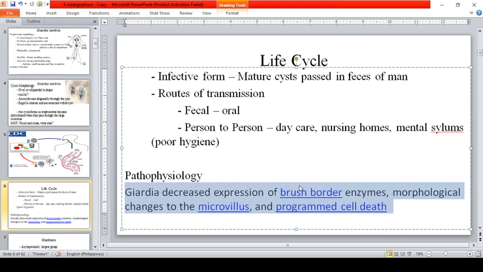Because, yun nga, the Giardia reduces the formation of the nitric oxide by consuming the arginine. So, it consumes the arginine, and if a cell contains a very low arginine content, anong mangyayari? That will lead to programmed cell death. Arginine starvation is known to be a cause of programmed cell death. So, yun yung nangyayari sa Giardiasis.